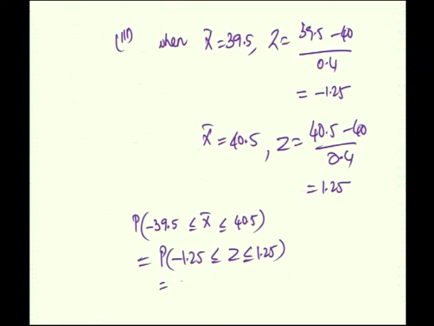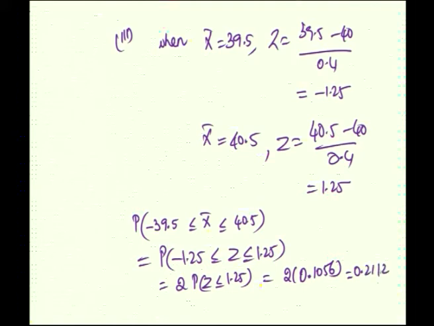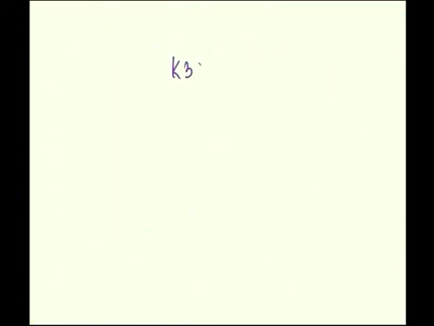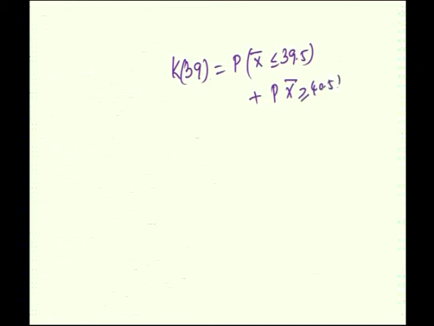So, this is 2 times P of Z less than or equal to 1.25 minus 0.5, that is 2 times 0.1056, which is 0.2112. Okay, the power of the test will be k of 39 is equal to P of x bar less than or equal to 39.5, and at the same time x bar greater than or equal to 40.5.